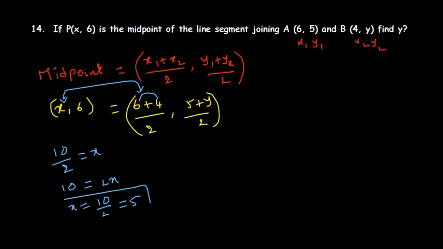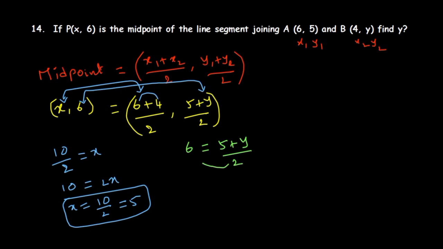So then here x is equal to 5, and the question is asking to find the value of y. To find the value of y, make these two equal now. That is 6 equal to (5 plus y)/2. Okay, just transpose this 2 here.